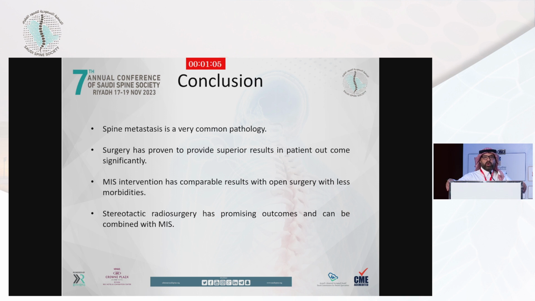A long time ago, with so many studies, surgery has been proven to be superior to giving only radiation or chemotherapy. Not to forget that some tumors are radioresistant. Combining these two with stereotactic radiotherapy and surgery, I think this is the future of spine METs treatment.